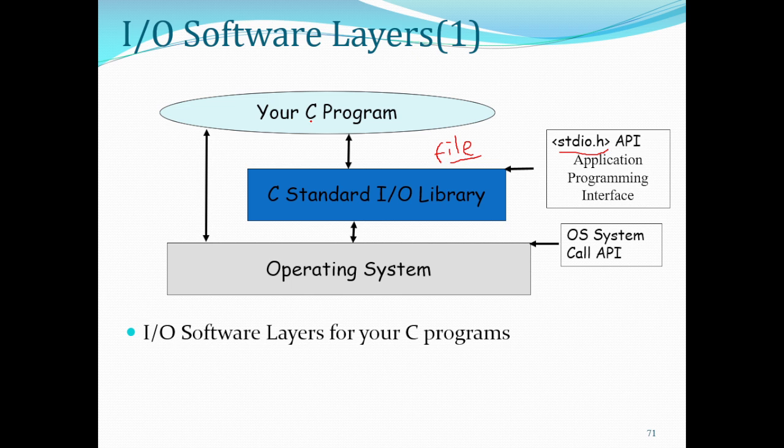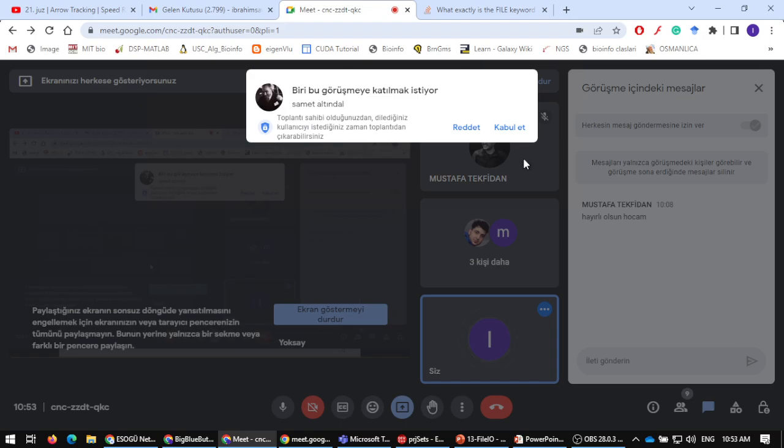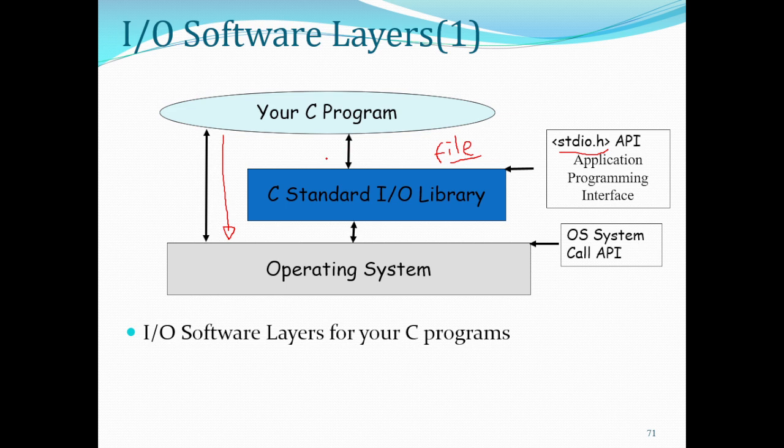But in C, we are also able to use operating system file functions, file IO functions. Okay, so that's the strength of C.